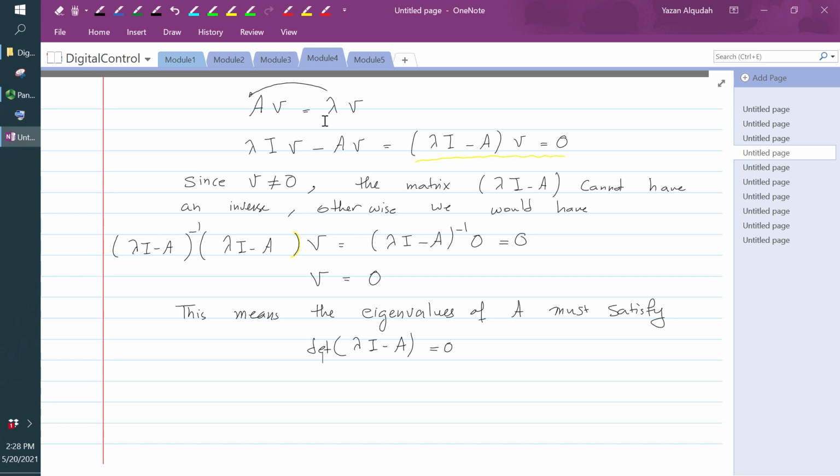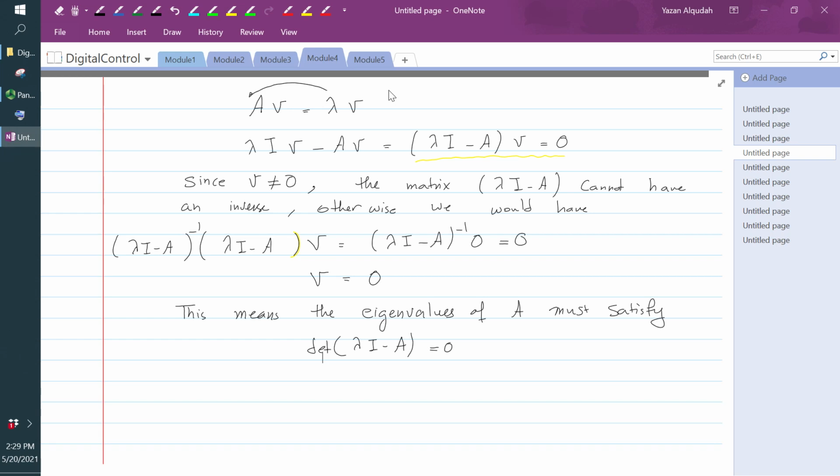So lambda I minus A not having an inverse means the determinant of lambda I minus A must equal 0. Okay. So therefore, this equation that we have here is the equation that we're going to be using in order to determine the eigenvalues of any matrix.